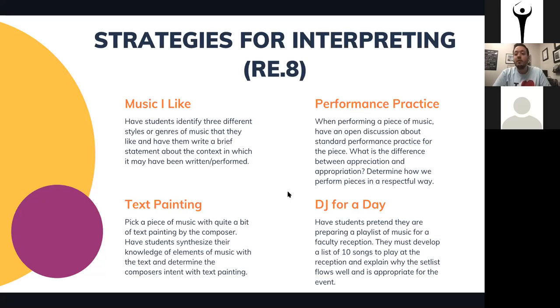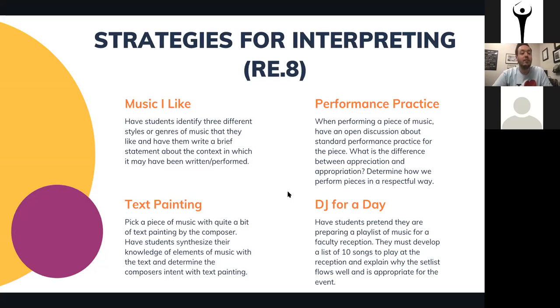Then we have performance practice. This is one of my favorite ones to talk about with my kids, because performance practice is so important. How we interpret music is so important, even when we don't see it to be important. So when performing a piece of music, have an open discussion about standard performance practice for the piece.